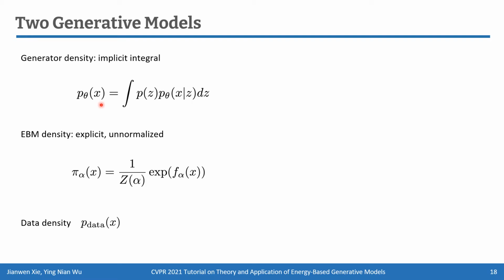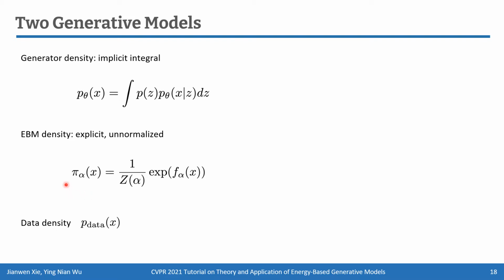Okay, and it is an implicit integral, right? So the marginal density is the integral of the joint density, so that it is implicit. And we denote our energy-based model this time by pi of alpha, because we already use p of theta for the generator model, the top-down generator model.